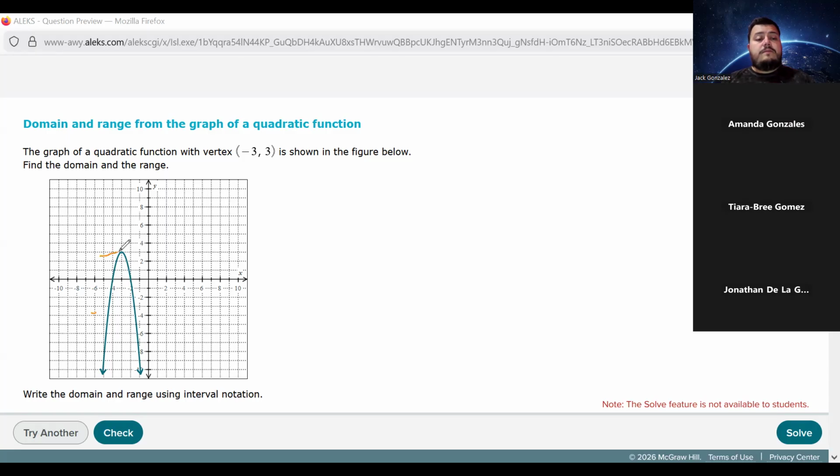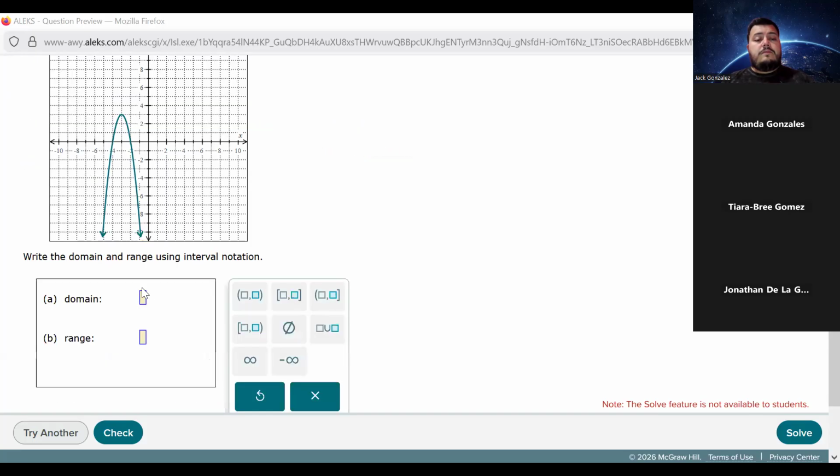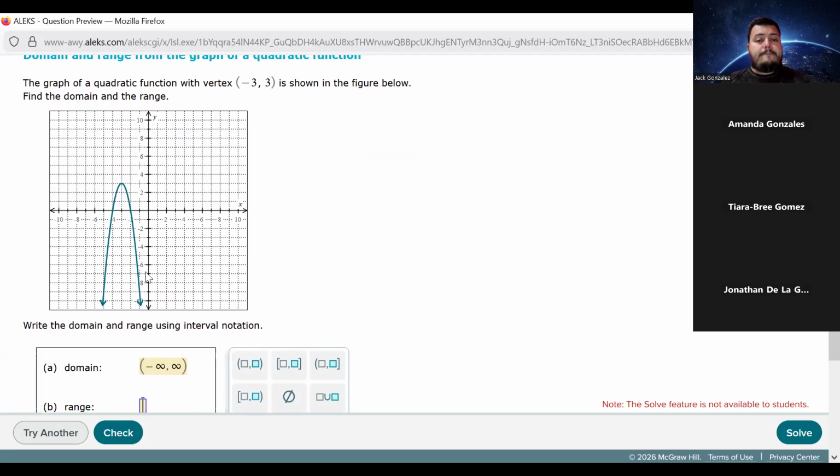So there's a high point and then there's an infinite low point. So domain will be negative infinity to infinity. For range, what's the highest point? They tell me the vertex for a reason.